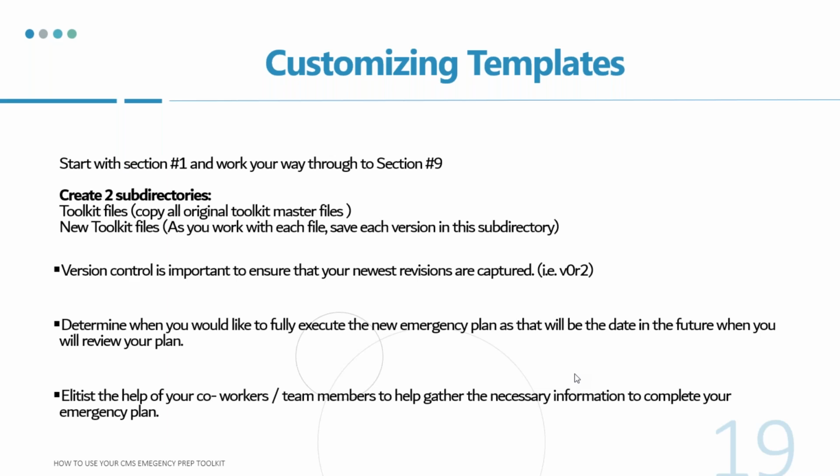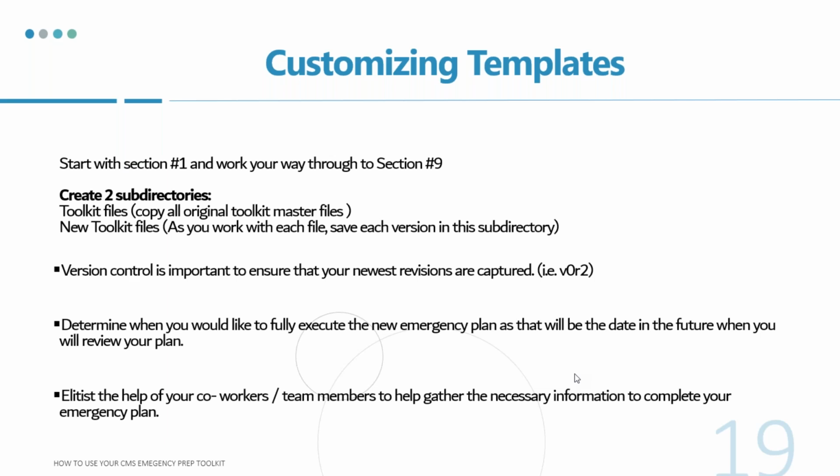As I work with each file, I copy it and do a save as, saving the new version over in the new toolkit folder. So you have your masters on one side and your new files on the other. If you do that, it really helps keep the masters clean, and the new files are much easier to manage from a file management perspective.